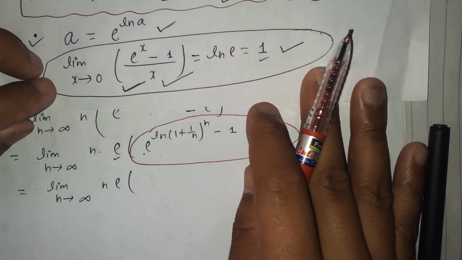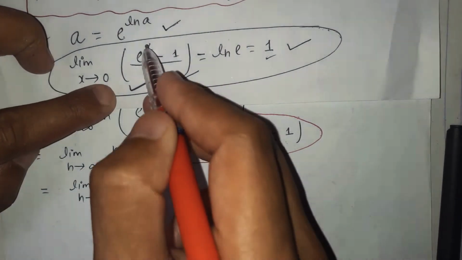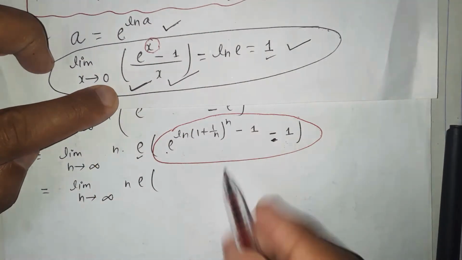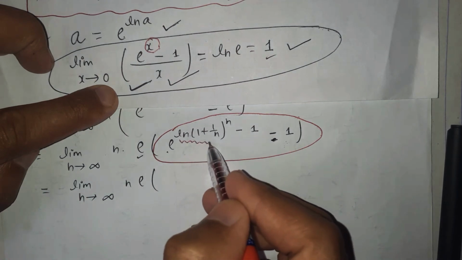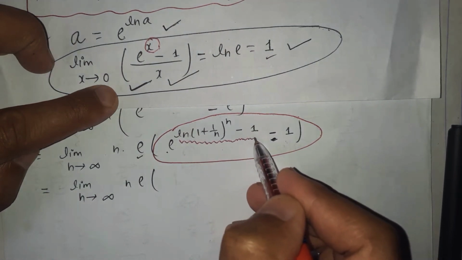Here, in place of x, we have ln of (1 plus 1 over n) raised to the power of n, minus 1.